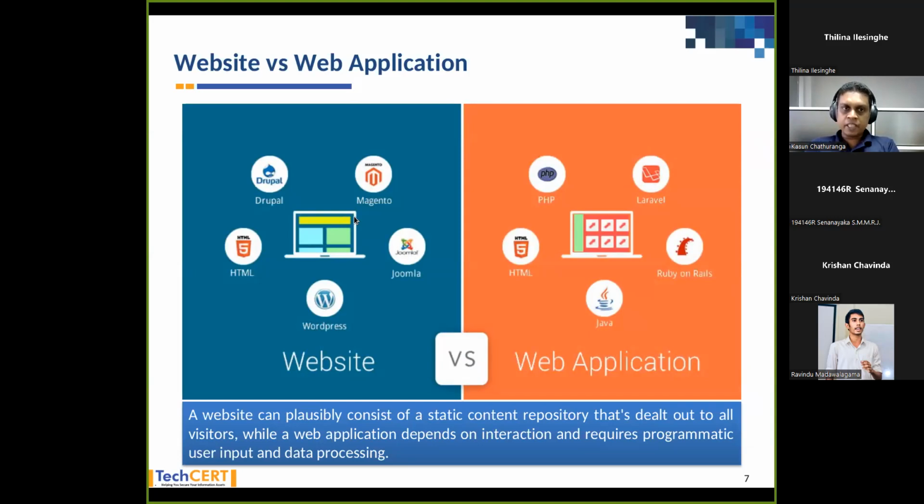A website is most likely a simple web application, mostly doing one-way communication, not two-way, where user inputs are rarely taken in, and most websites are built on a content management system like WordPress, Joomla, or something like that.